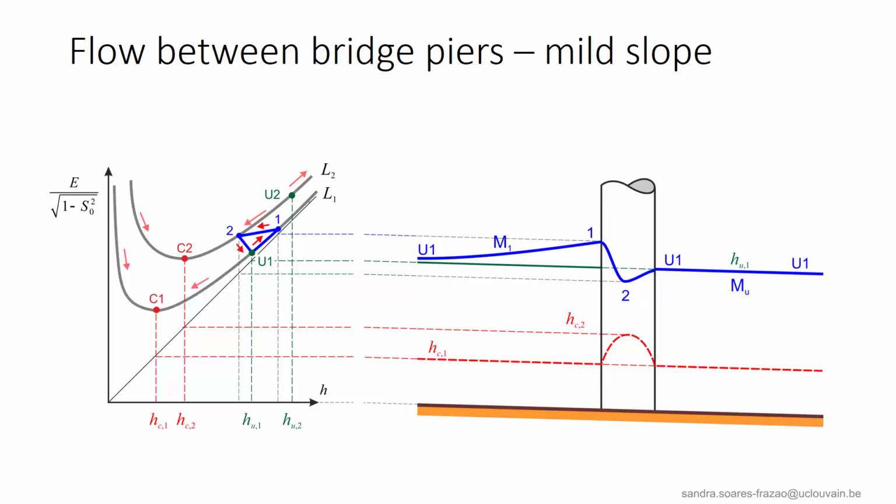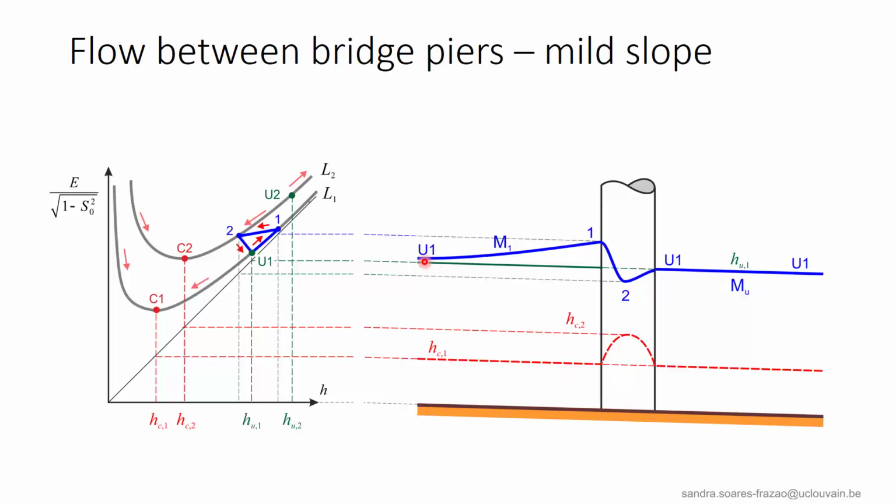The situation is similar to the one analyzed just before for the Venturi flumes. We consider here a circular bridge pier, which means that the narrow section L2 reduces to a single point, here at the widest part of the bridge pier.